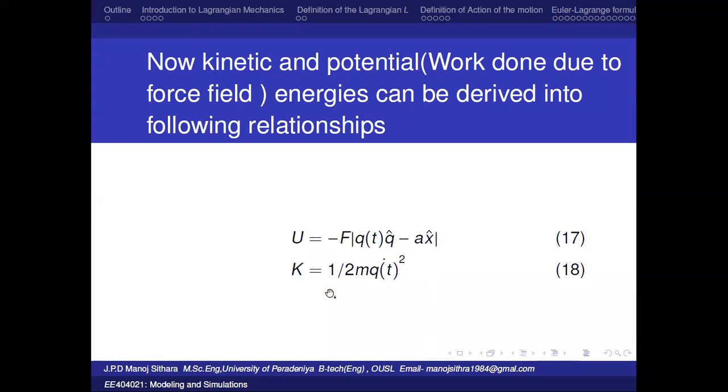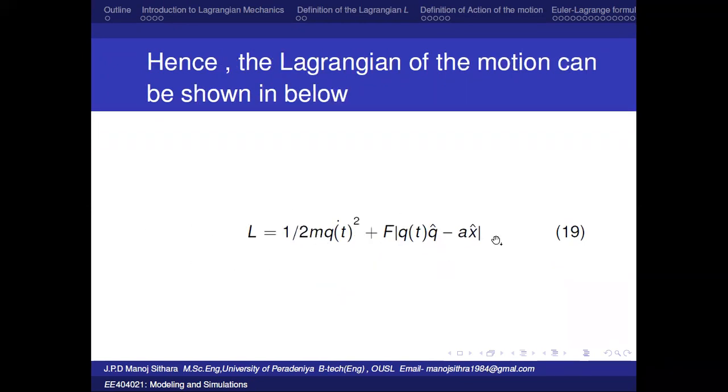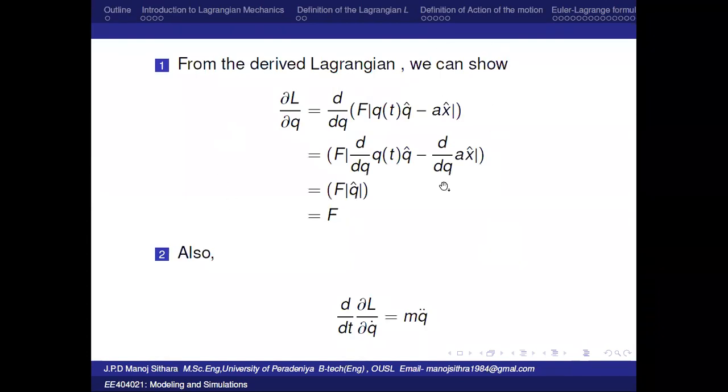And the kinetic energy is nothing but half m q dot squared, and we can form the Lagrangian from kinetic and potential energy in statement number 19, right? Now here we can obtain the requirement of the Lagrangian in the Euler Lagrange formula.